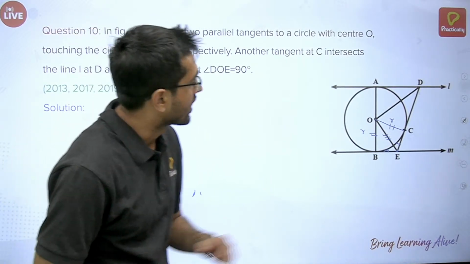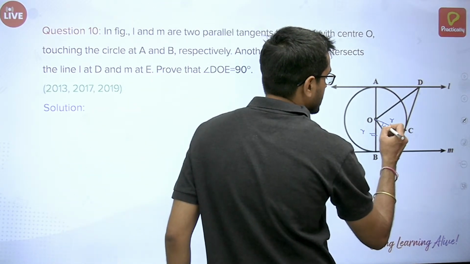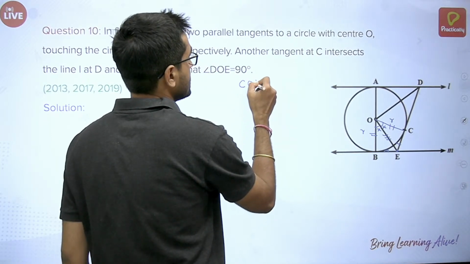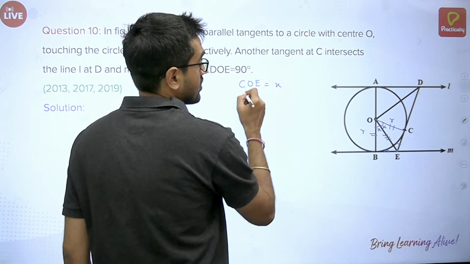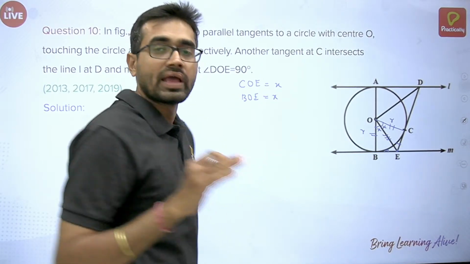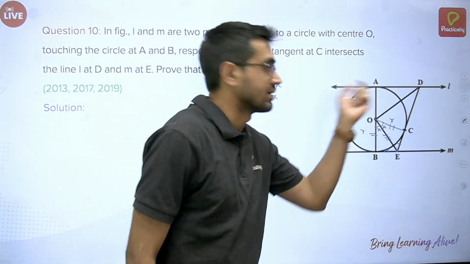ठीक है? तो अगर दोनों triangle congruent हैं तो क्या होगा? भाई उनके corresponding angles will become equal. So this is X, this is also X. यानी कि COE is X, BOE is also X. Now in your exam also remember one thing. आप हमेशा लिख सकते हो similarly.